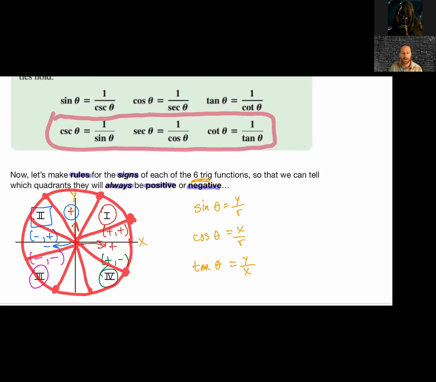Well, it's kind of a trick question because we don't know, but we do know it's going to be some length, some distance from our center out to a point on our circle, which means if we're dealing with distance, remember one of the things we reviewed at the very beginning, absolute value, talked about that a little bit, right? And that would be a distance, which means our r is always going to be positive.